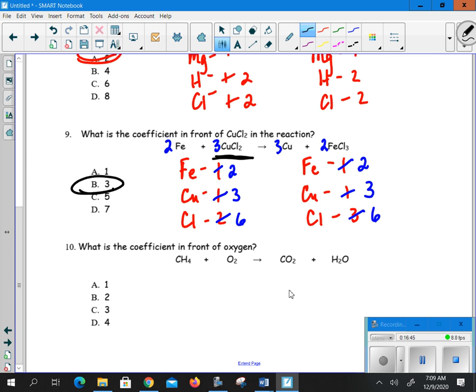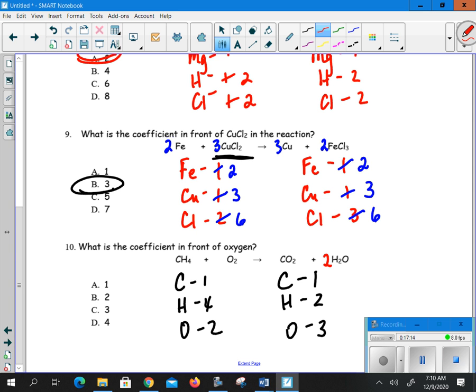And then finally, what's the coefficient in front of the O2? Remember, I did tell you to always balance these in carbon, hydrogen, oxygen order. So I have 1, 4, and 2. And I have 1, 2, and 3. So carbons are balanced, so to balance my hydrogens, I would need to put a 2 here.